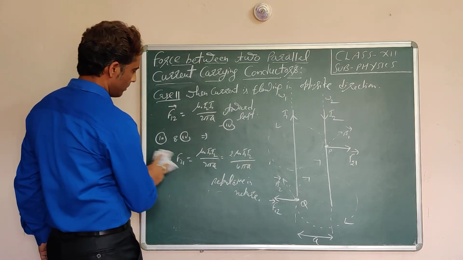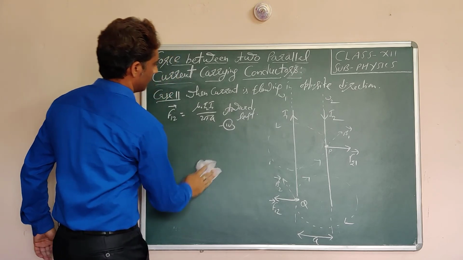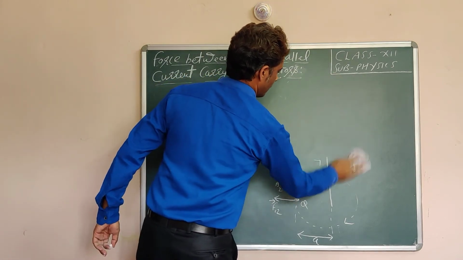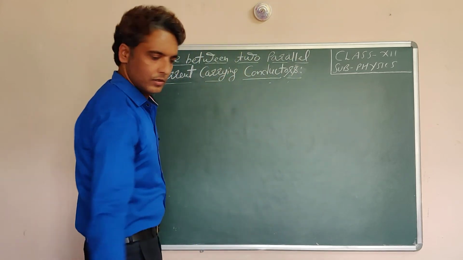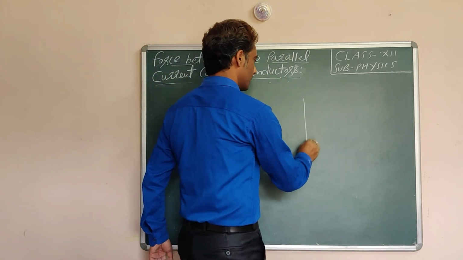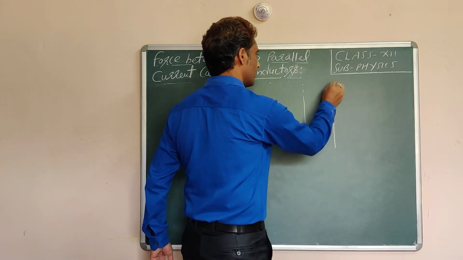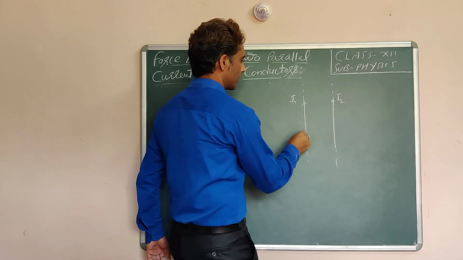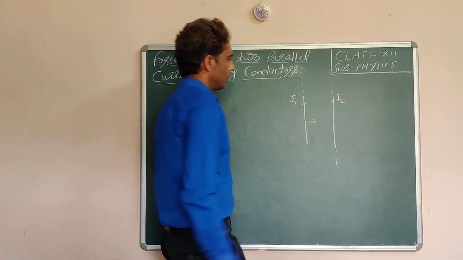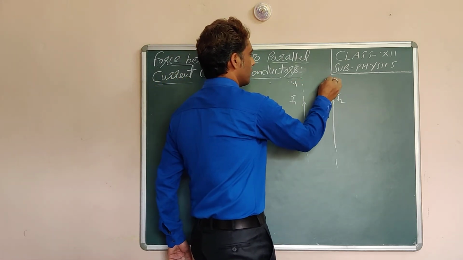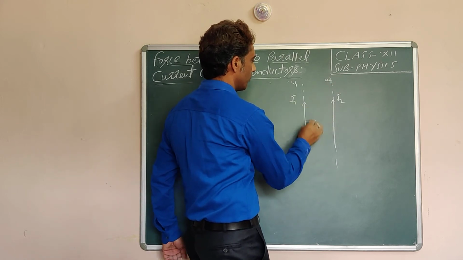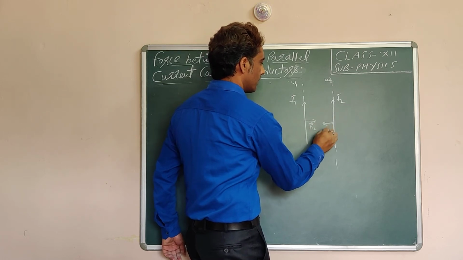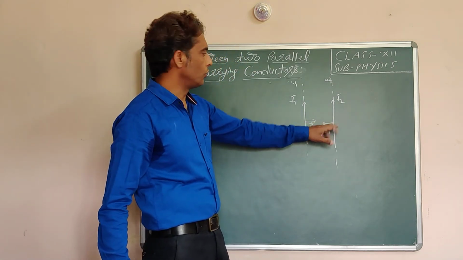So we can conclude that when the current is in the same direction, I1 I2, the direction of force on W1, force per unit length of W1 due to W2 is F21, and this is F21, force on W2 due to W1.